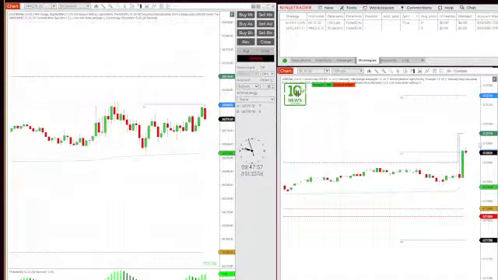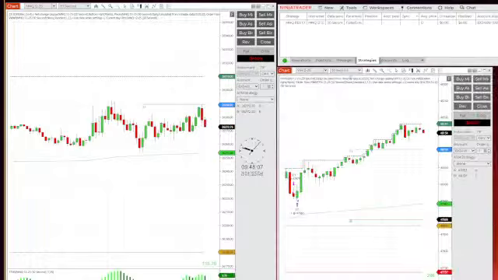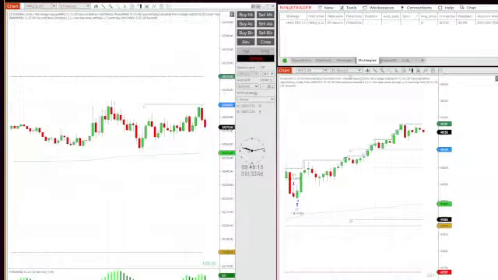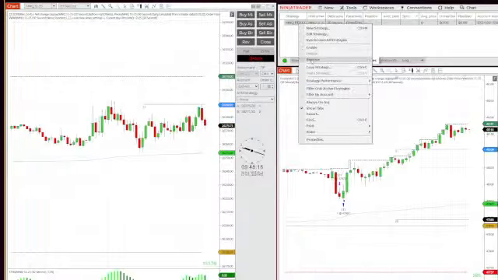I'm done on Canada. So I can shrink this chart. And I'm done with this crazy looking clock. And I'm going over to oil.